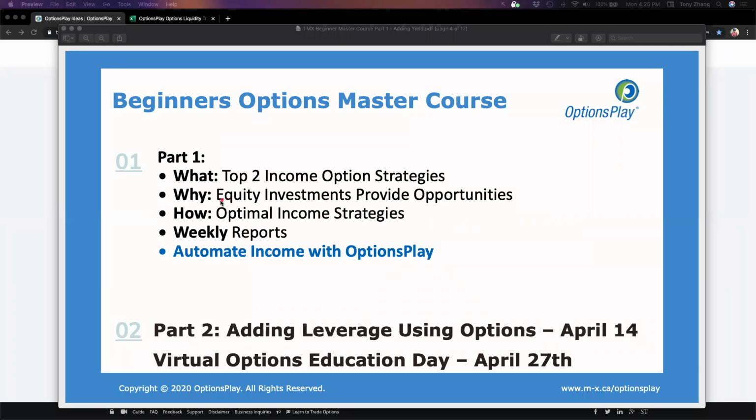Once we understand why equity investments provide us the opportunity to generate income utilizing options, then we'll talk about how you can use these income strategies and what the optimal income strategies are. Then I'm going to show you some of the weekly reports that we generate to help you do this. But more importantly, we want to show you how you can automate everything that I've just taught you using OptionsPlay.